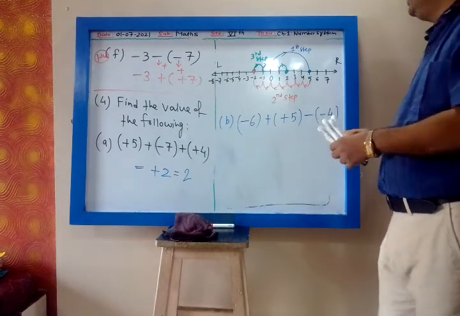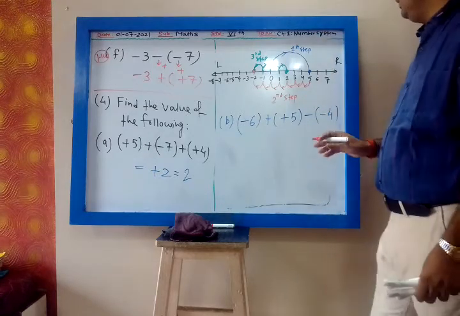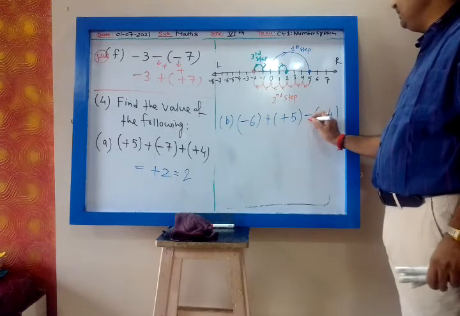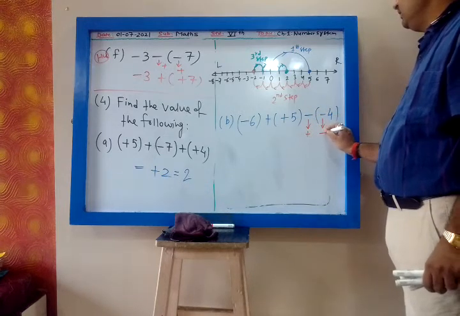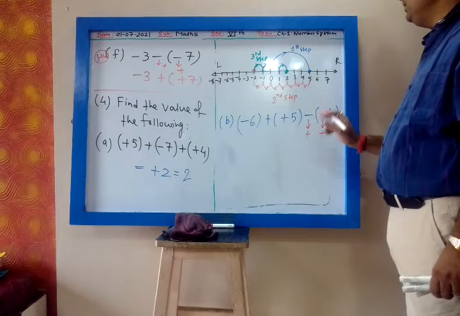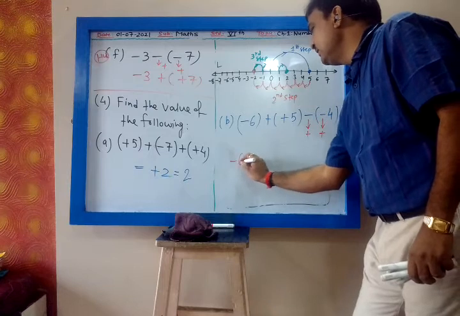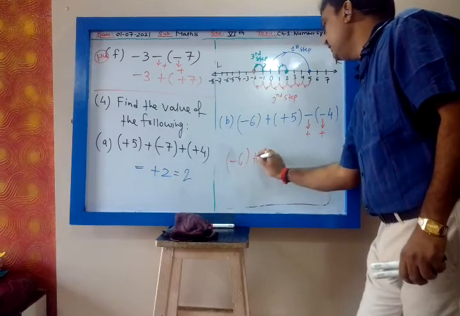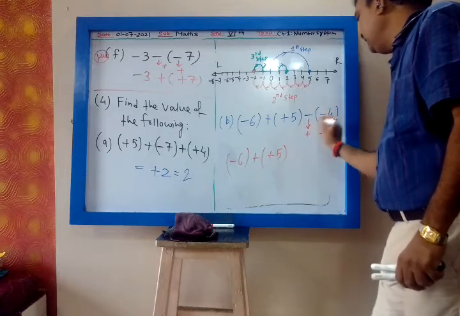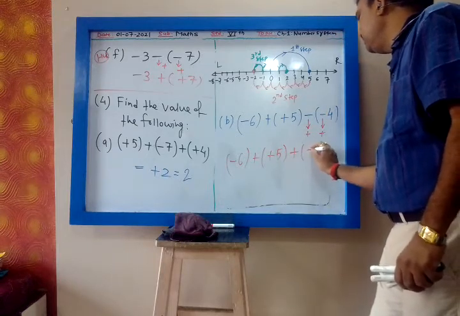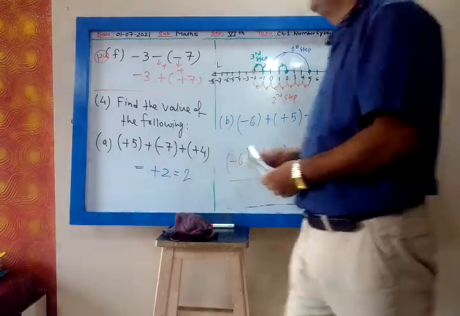B part, it is -6. But you remember, in subtraction wherever you have minus, that you will replace by plus. Okay, so this I will rewrite -6 plus 5, then minus I will replace by plus, so plus 4. So let us solve this.